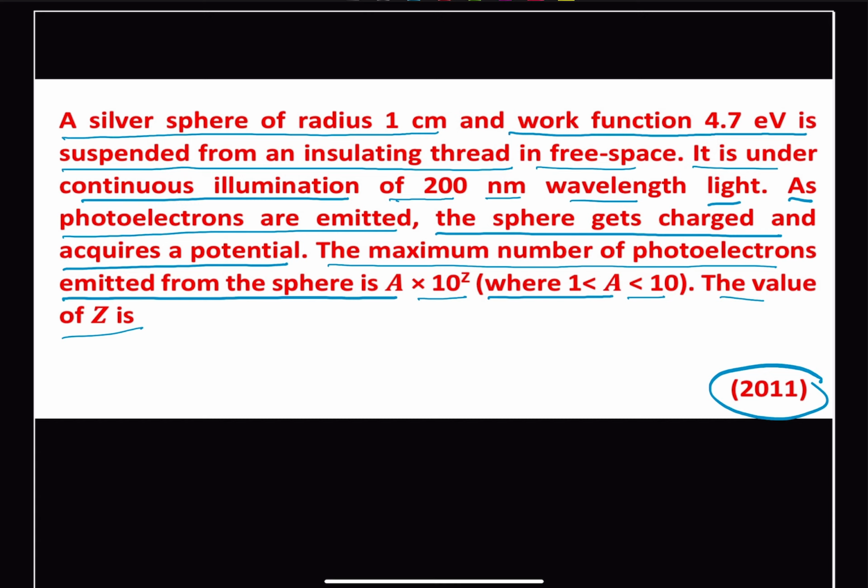So in this case, we are given a silver sphere of radius 1 centimeter, and its work function is 4.7, and wavelength, that is lambda, is 200 nanometer. We have to find out the maximum number of photoelectrons. So first of all, we are going to find out the energy of the incident photons.